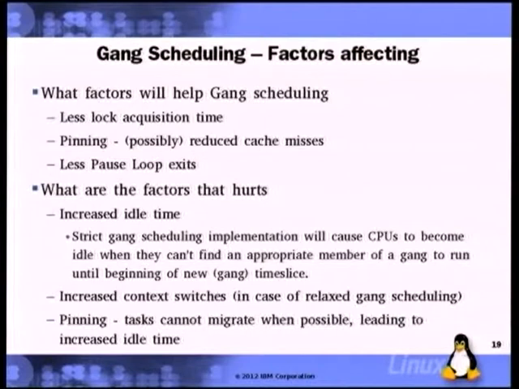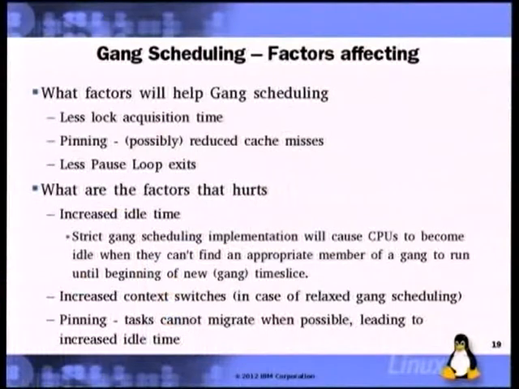And what are the factors that would hurt gang scheduling? One is increased idle time, because what if you don't have a task on a CPU to be scheduled? Do you idle the CPU? Or what if a vCPU sleeps earlier than its slice? The next one is increased context switches, in relaxed gang scheduling.